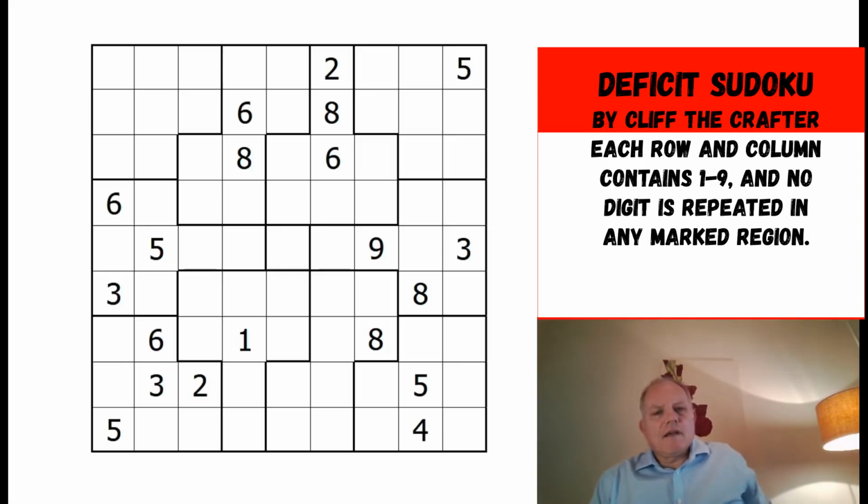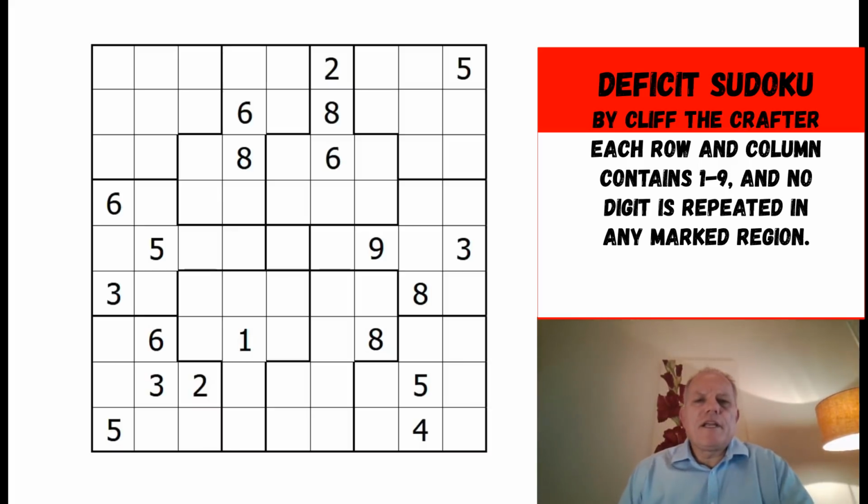Now the rule is that there is a deficit in each cage. The simple way of expressing the rule is this: no cage contains a repeated digit and no row and column contains a repeated digit.